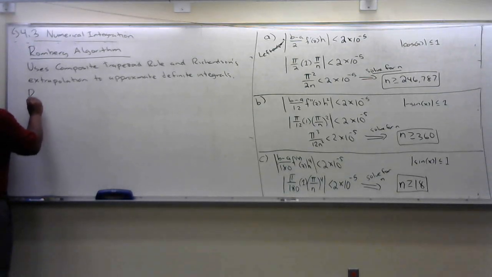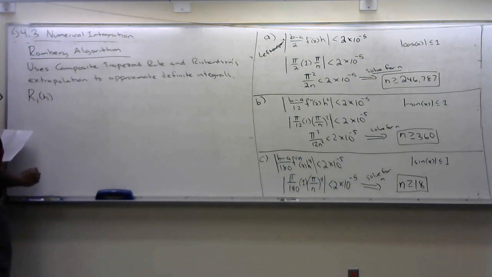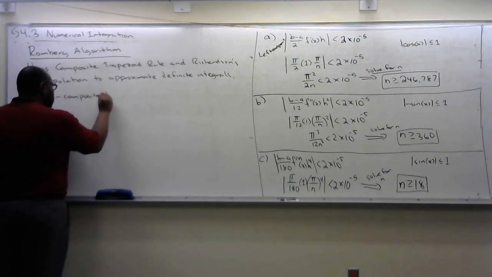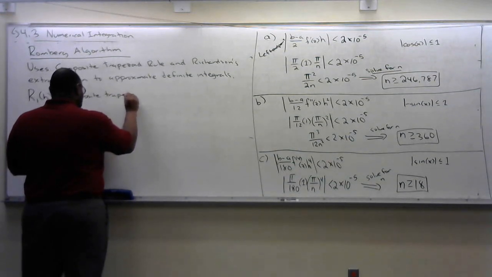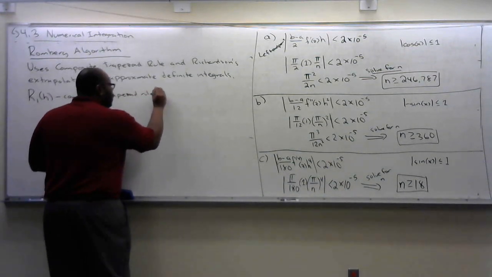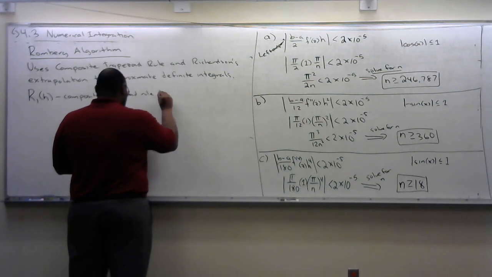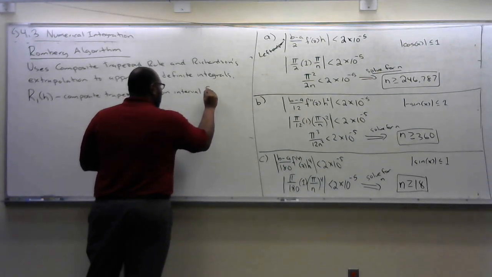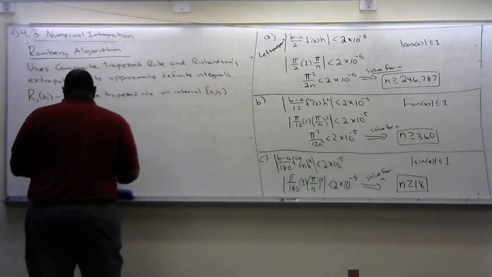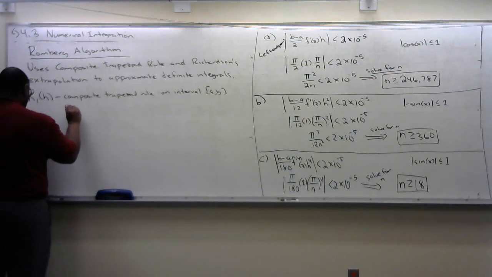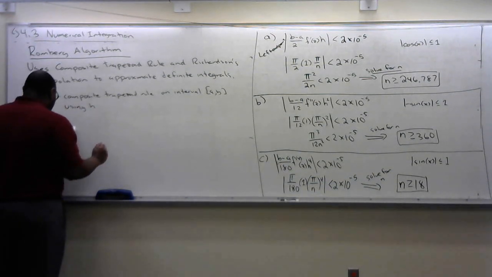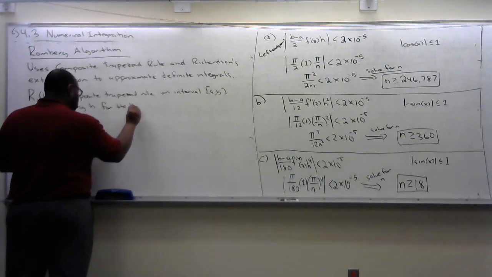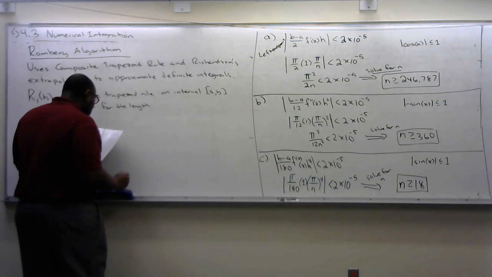R sub 1, h is going to be the composite trapezoid rule on the interval a to b, using h for the length of the subintervals.